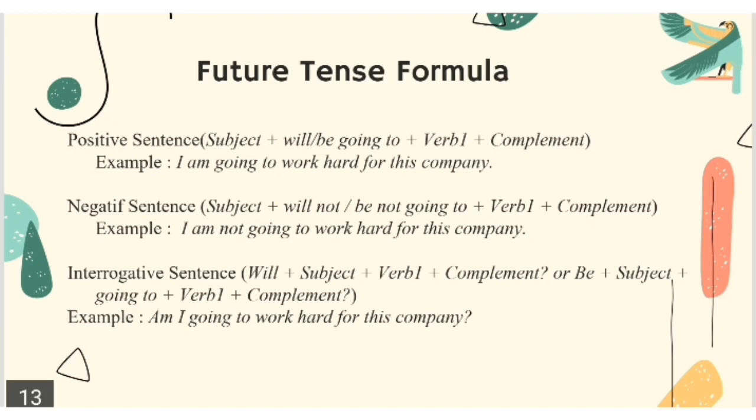For example, I am not going to work hard for this company. For the interrogative sentence, there is will plus subject plus verb 1 plus complement plus question mark, or be plus subject plus going to plus verb 1 plus complement plus question mark. For example, am I going to work hard for this company?